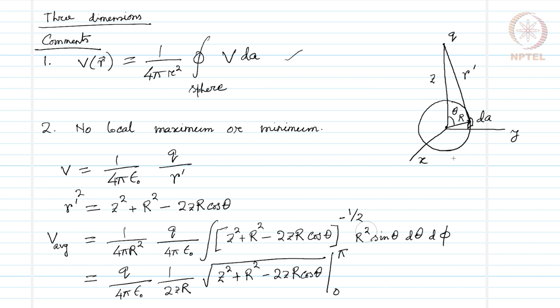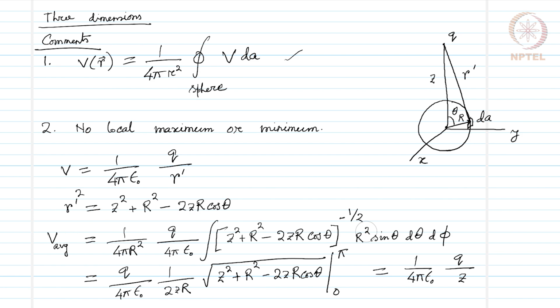That is the limit over theta, and then it becomes 1 over 4 pi epsilon naught, q over z. This becomes the average of the potential.